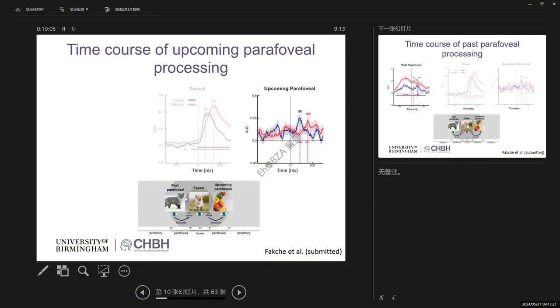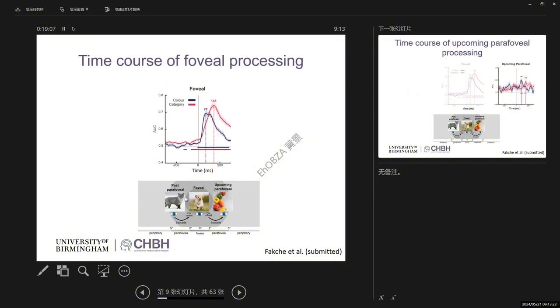Yes, that's correct. What you see here is that since we are actually saccading around, before we did the fixation, our eyes were actually moving to that object. It turns out that we can decode the category already before our eyes land on this, and then it peaks later. So this is already evidence for some sort of parafoveal processing.